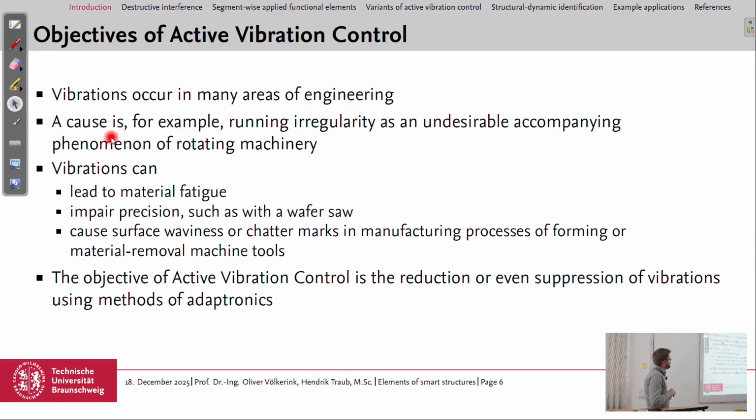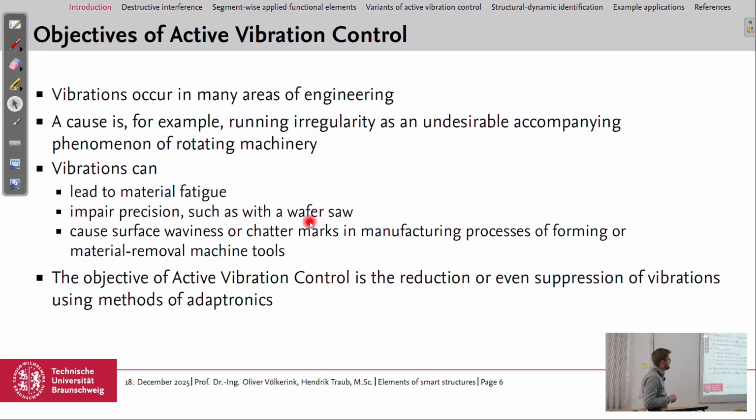Vibrations we have in many areas of engineering, and most of the time we don't want these vibrations, especially in rotating machinery, because they lead to material fatigue, impair precision.